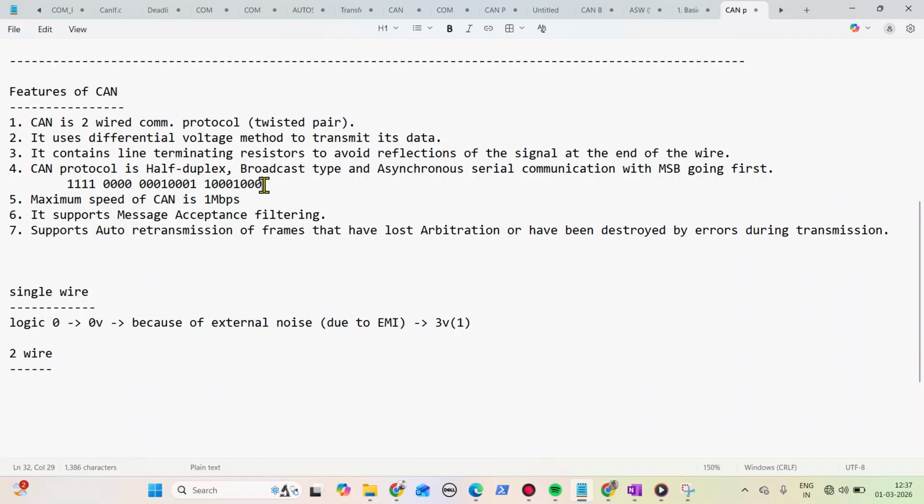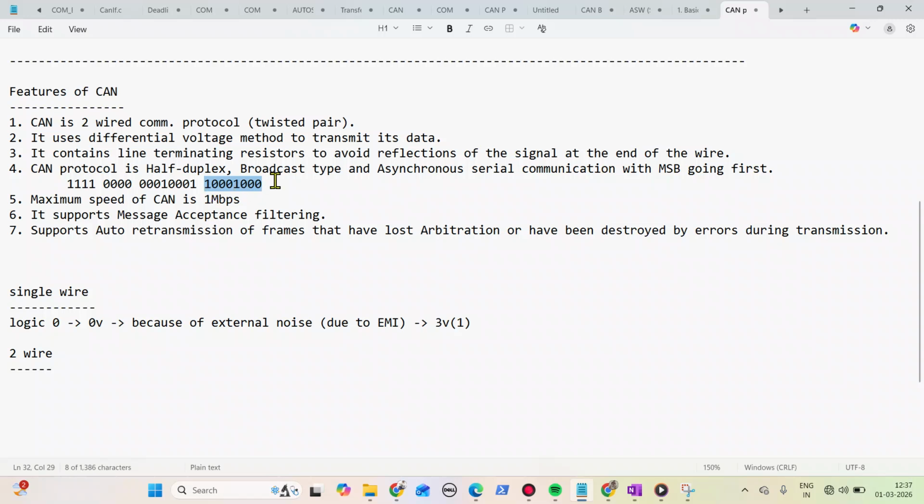This is the least significant byte, and this is the most significant byte. Which one will be transmitted first? The least significant byte, the lower byte, will be transmitted first.